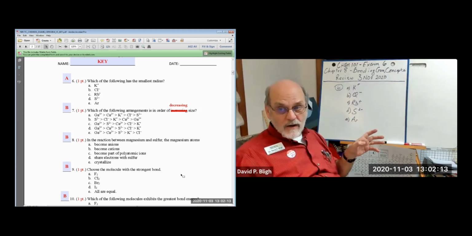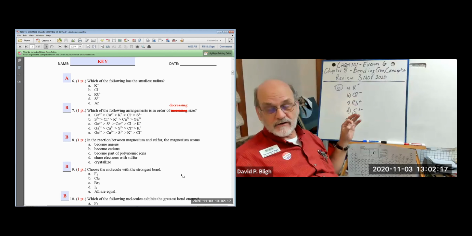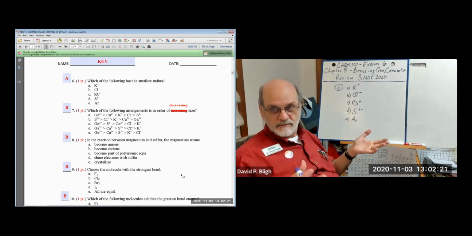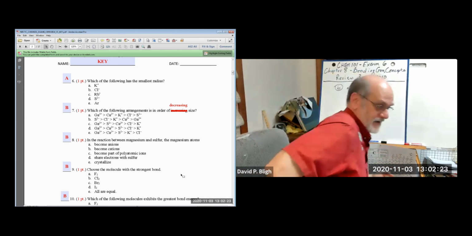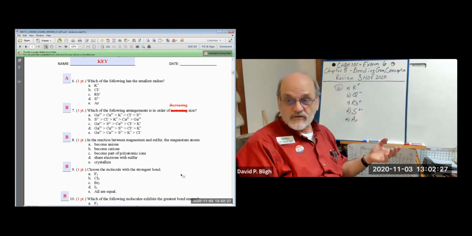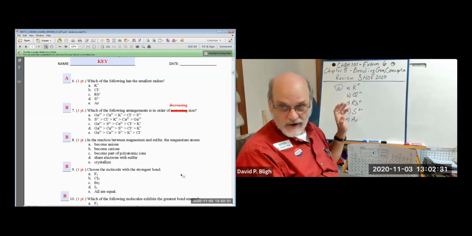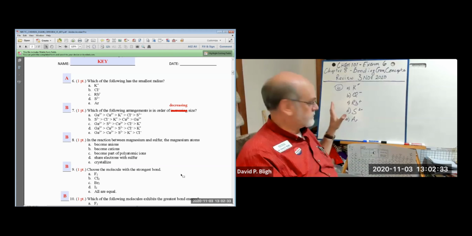And as it turns out, some of these are isoelectronic, which means something, of course. It means that they each have the same electronic structure. But let's be sure that we're able to compare them that way first.